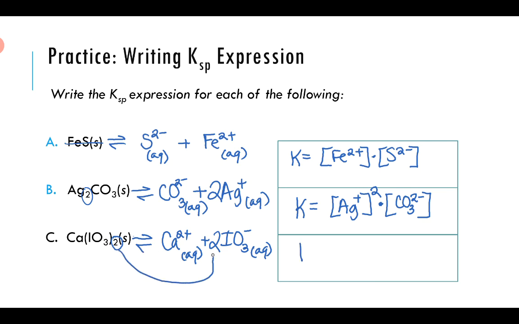So that 2 coefficient goes up in front. So our K value will be equal to our calcium ion concentration times our iodate concentration squared.